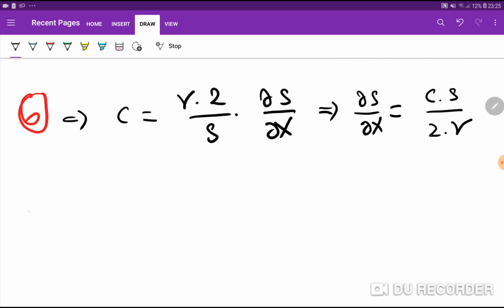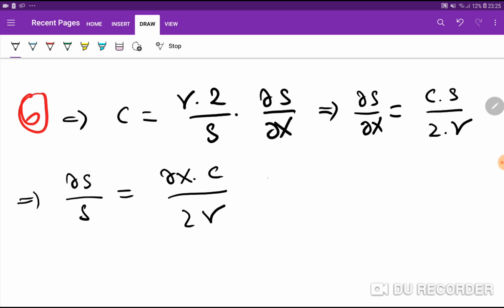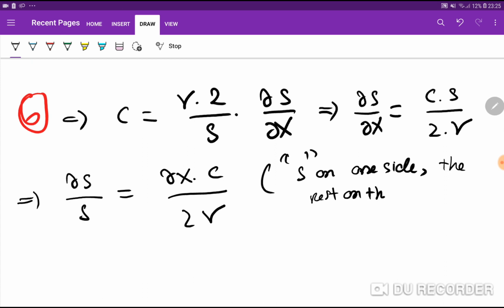So I write partial s over s equal partial x times c over 2 mu. s on one side, the rest on the other side. Separation of variables.